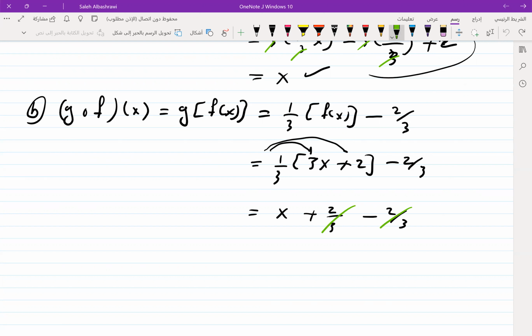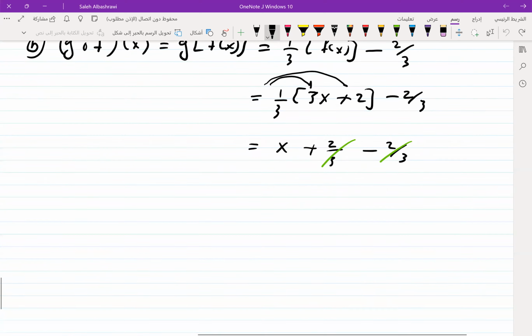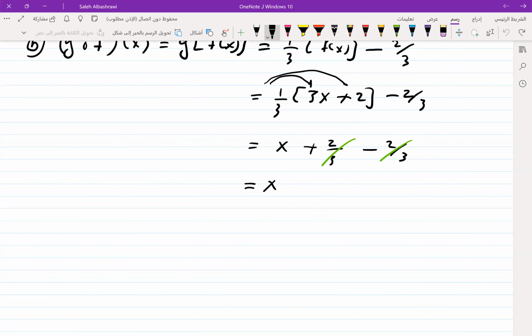So this will cancel. I will have only x. Means the second condition is also satisfied. So we can say yes, they are inverses of each other.